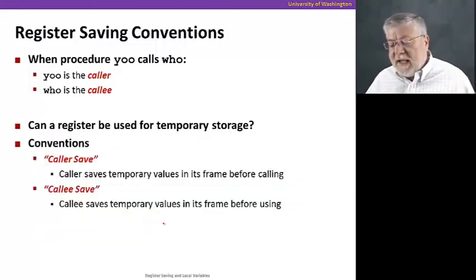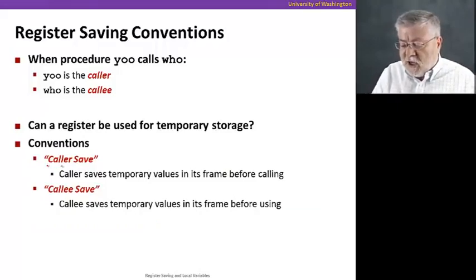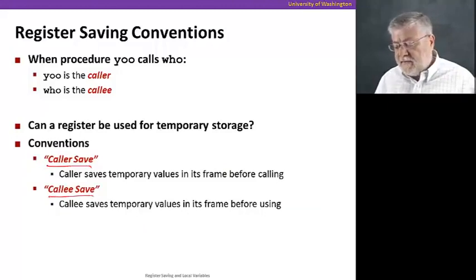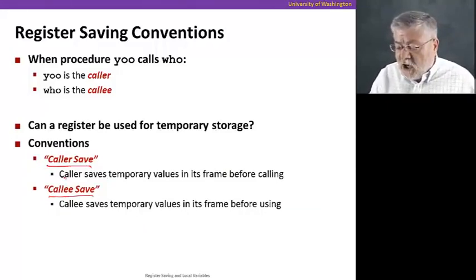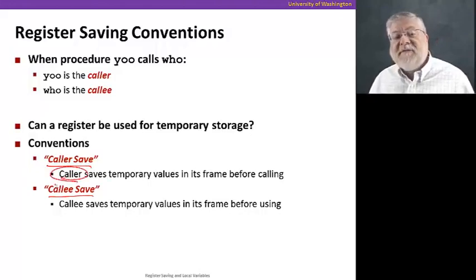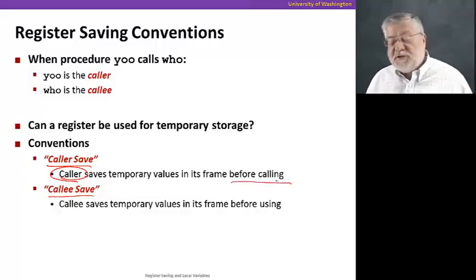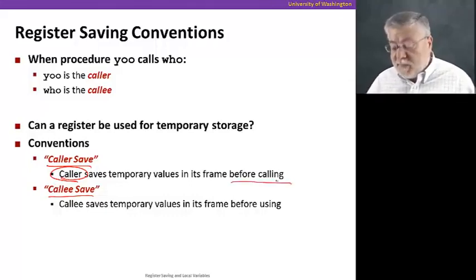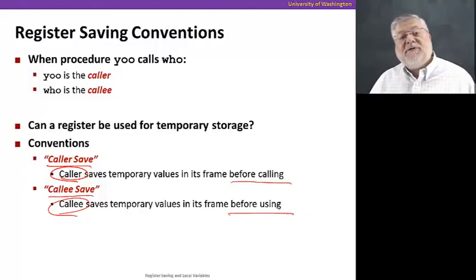So we have some register saving conventions that are split between caller save and callee save. In the caller save case, the caller procedure saves the values in the registers before calling the other procedure. Callee save is complementary. It says the callee will do the saving before using that register.